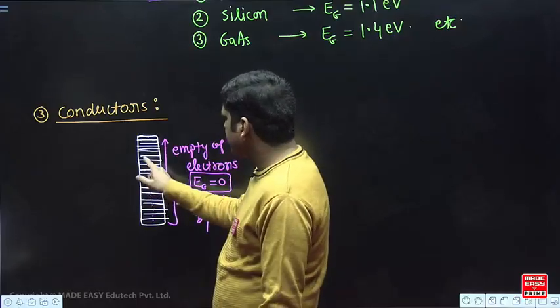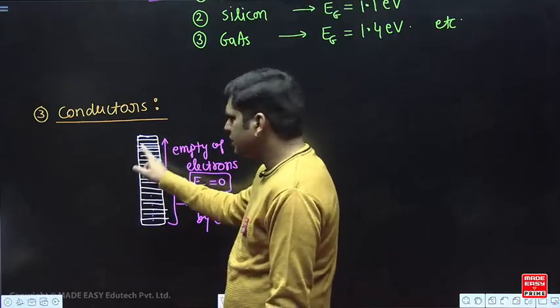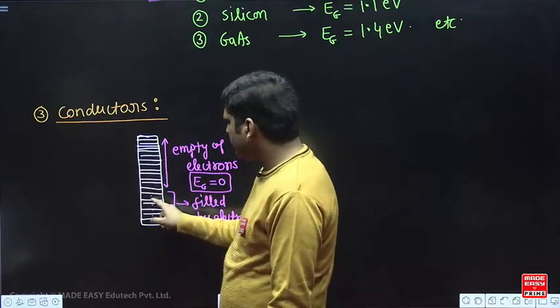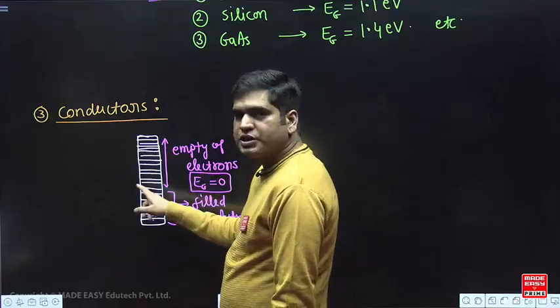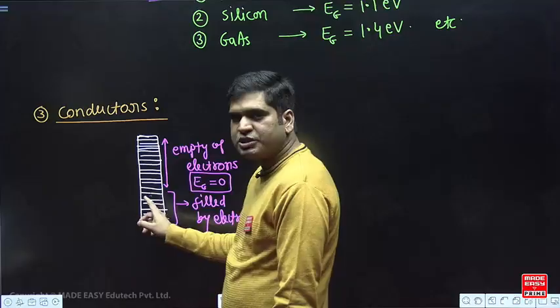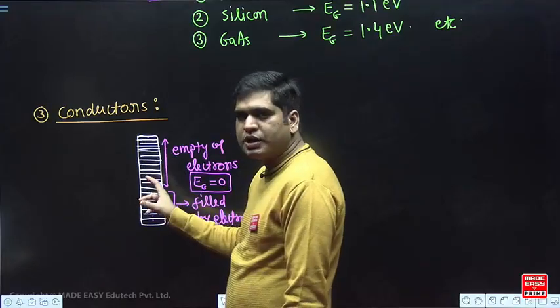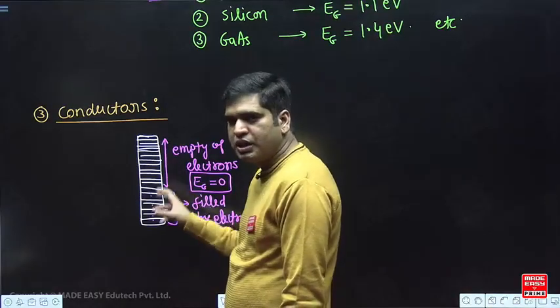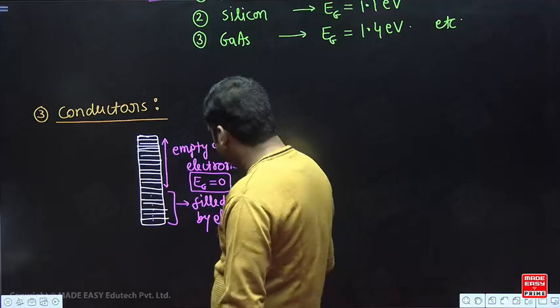When you apply voltage, this electron will move into the empty states, the other one will come into empty states, and this will keep on moving. So all these electrons are capable of moving throughout the material. You have an abundance of electrons which can move in the material, hence these materials are very good conductors of electricity.